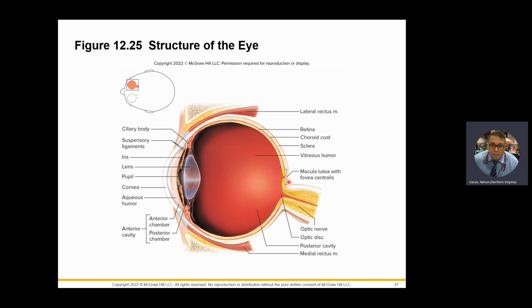There's a point on your retina here where you have your fovea centralis, which is the most concentrated area of rods and cones. And then you have an area that has no rods and cones, and this is your blind spot right here. Your blind spot is also called your optic disc. Then all of it is a confluence that goes into your optic nerve, which is your cranial nerve, Roman numeral 2.